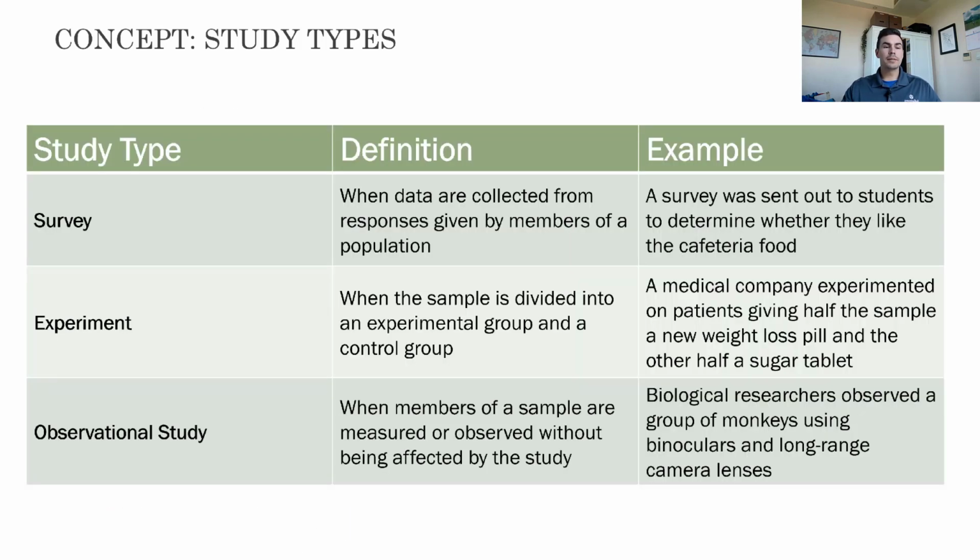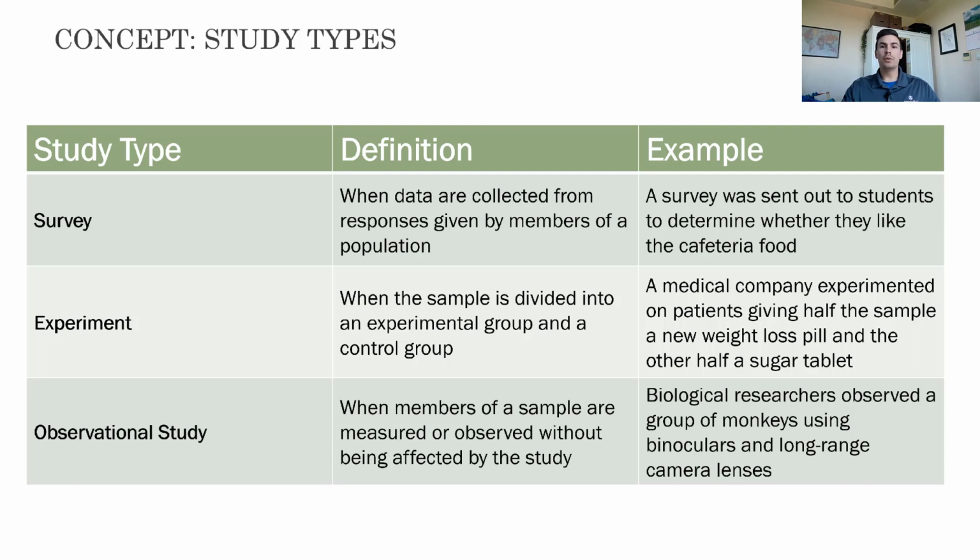All right, so our different types of studies. We have surveys, experiments, and observational studies. Now, a survey, just like we were talking about with our restaurant, that's when you give people maybe like a little quiz, or you guys have taken a survey before, and you're just gathering really opinions, and that is the data that you're collecting when you give out these surveys.